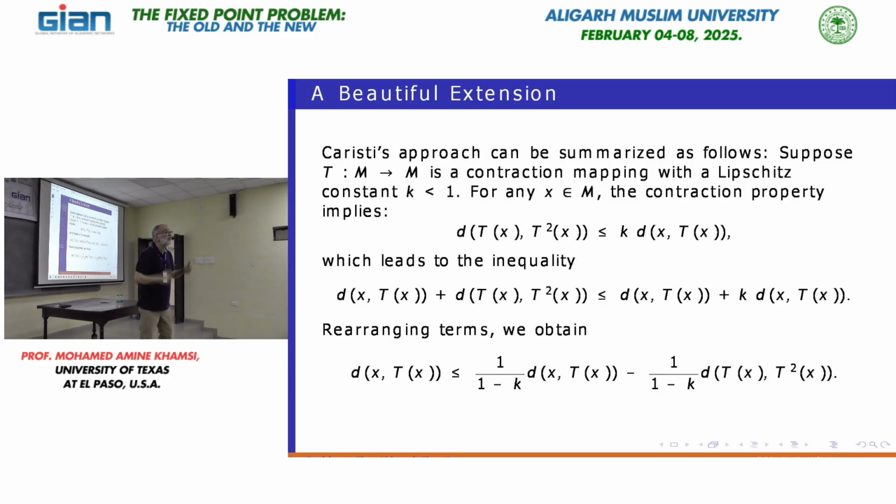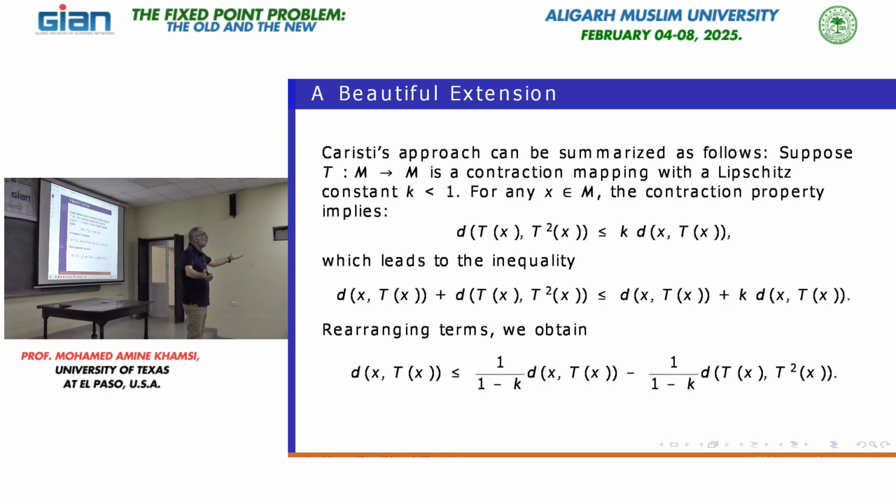You loop it. Yes or no? So the problem of the fixed point is only by looking at a point. You start looping, iterating, and then hoping that it will go to the fixed point. You understand now? So we are just looking at the orbit: just x, T of x, T squared of x, et cetera. Do you understand now why he was looking at T squared and T x?